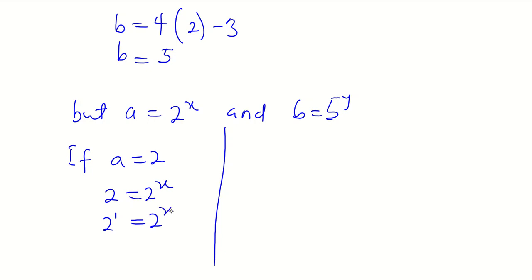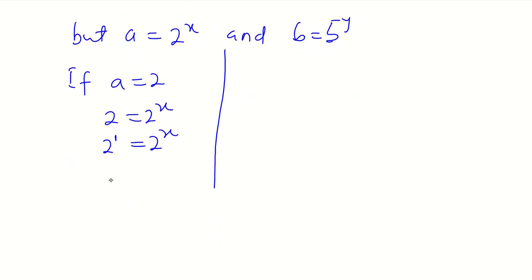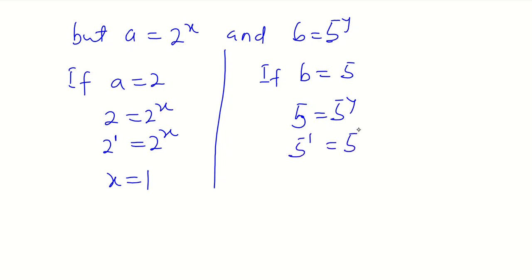Now we can see that the bases are the same, so therefore x is equal to 1. In the same way, when we come here, we have our B value to be 5. So if B is equal to 5, then 5 is equal to 5 exponent y, and this 5 has an exponent of 1, which means our y is equal to 1.